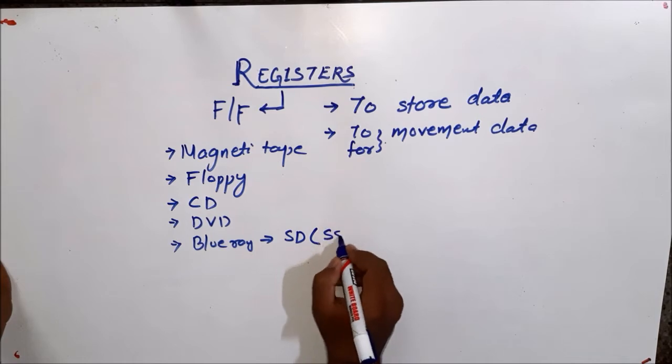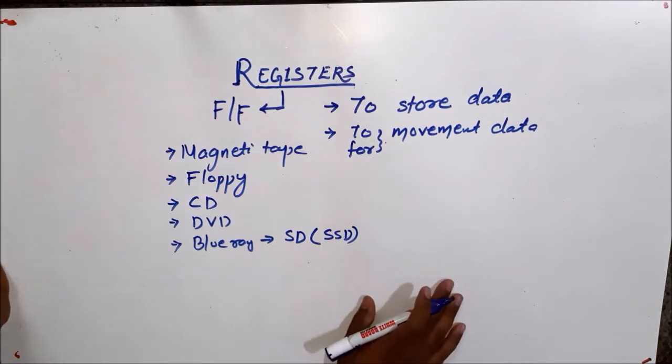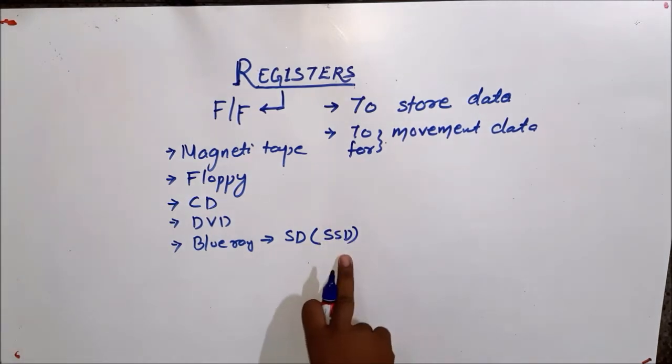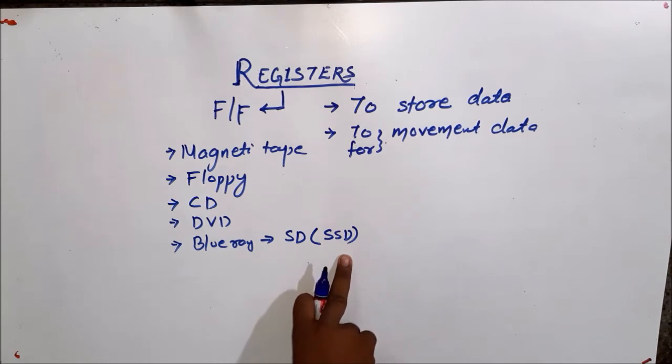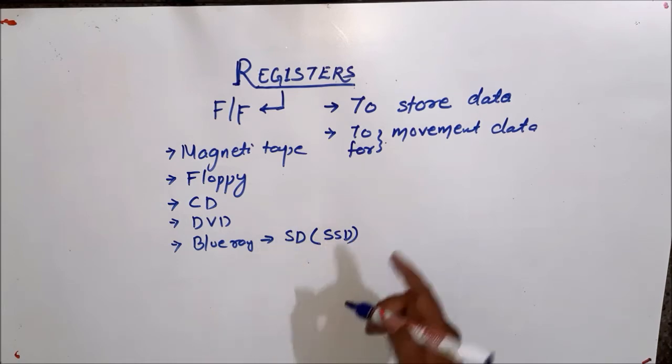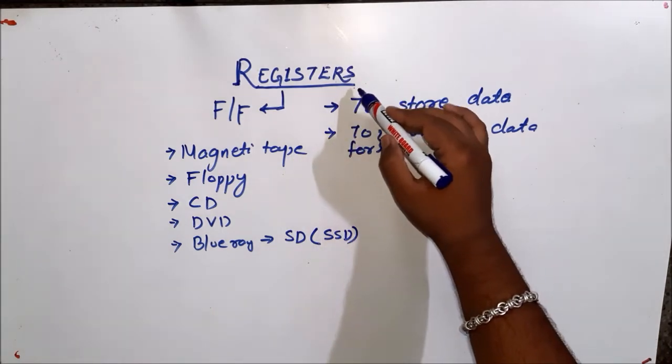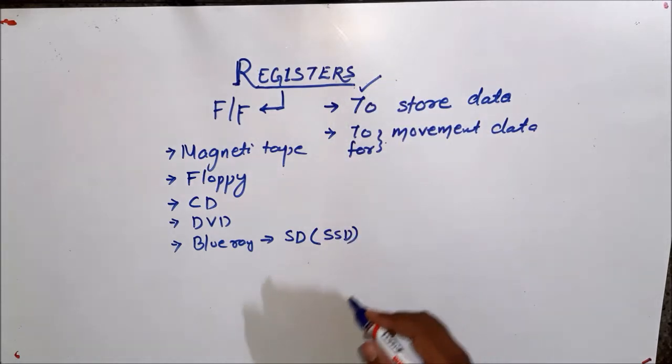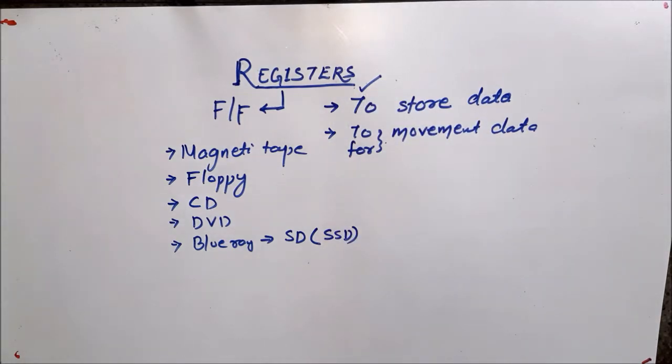This is called SSD, solid state device. That means we can store some images, videos or MP3s for future use. So that is called storage purpose. Here we are going to study the registers, which are actually used to store some data.